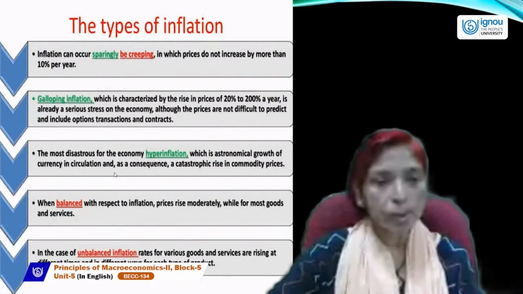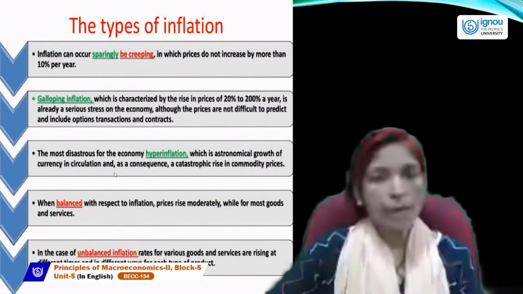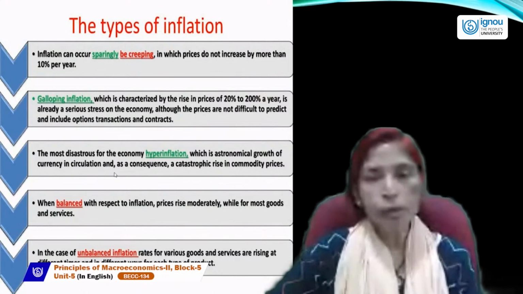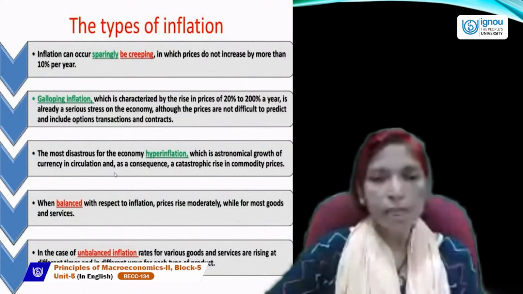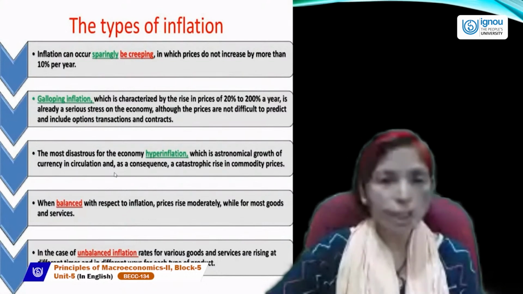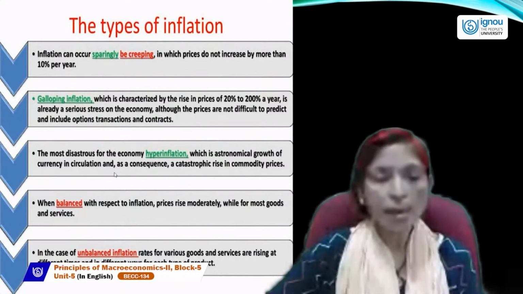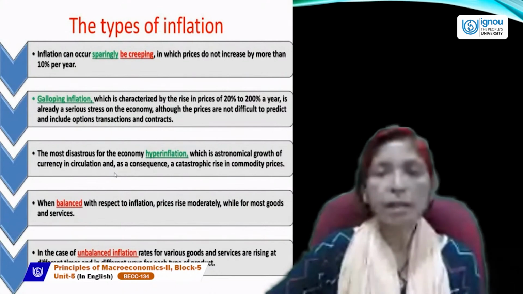And the most disastrous and harmful situation of inflation is known as hyperinflation, which is an astronomical growth of currency in circulation and, as a consequence, a catastrophic rise in commodity prices.